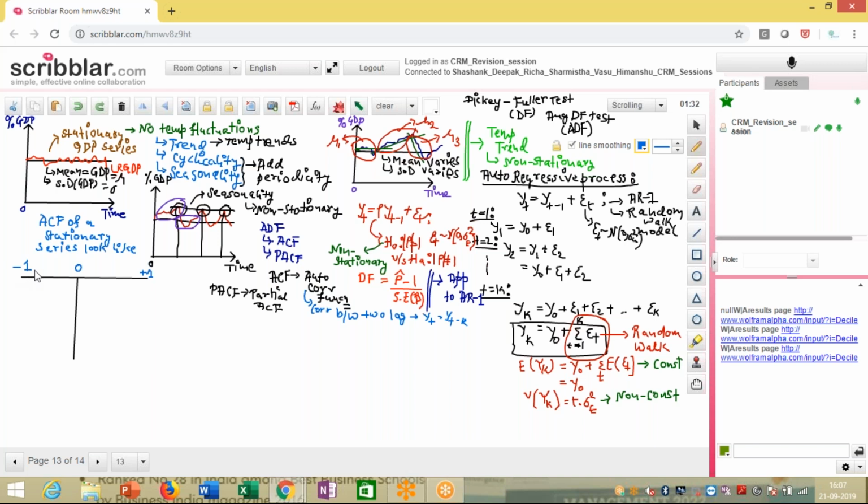So +1 is a perfect positive correlation, and -1 is a perfect negative correlation, and 0 is 0, right?